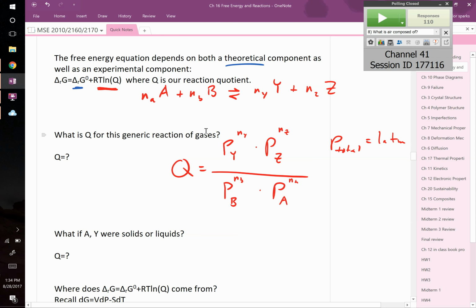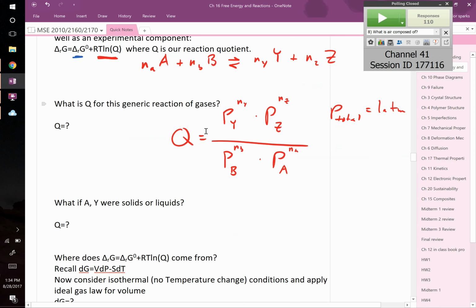Even though it's a liquid, it has quite a high partial pressure. Or like CO2, dry ice is just CO2, and that sublimates and has a pretty high partial pressure. But for this class, we're going to make it way simple. We're going to make a huge approximation that all solids and liquids have what's called an activity of 1. And that changes this significantly.